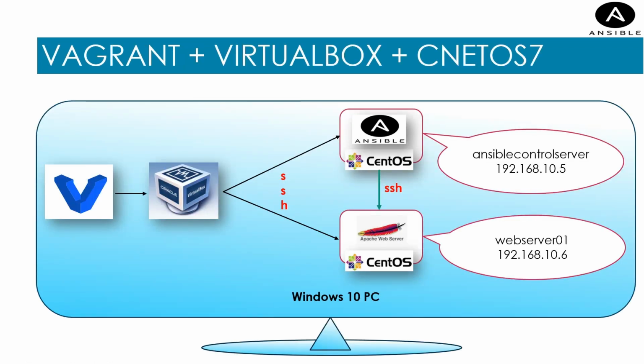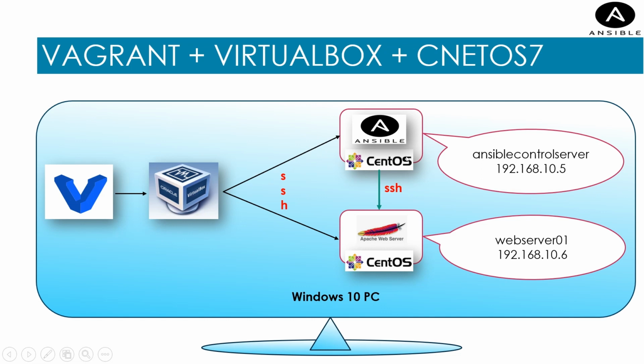This is the kind of architecture I'm going to follow, and it will be on a Windows 10 PC. So Vagrant is installed, VirtualBox is installed. With the help of Vagrant and VirtualBox, we'll provision the two servers.